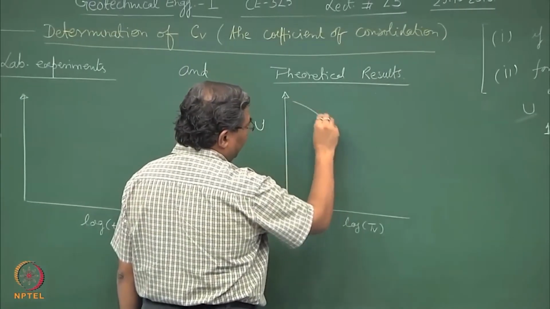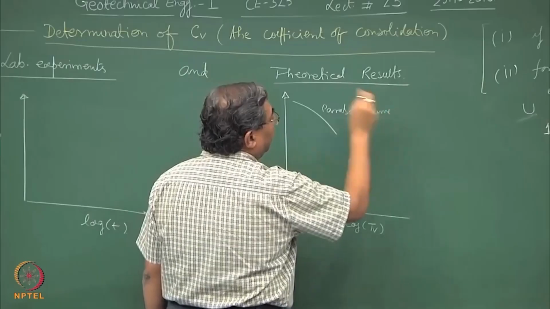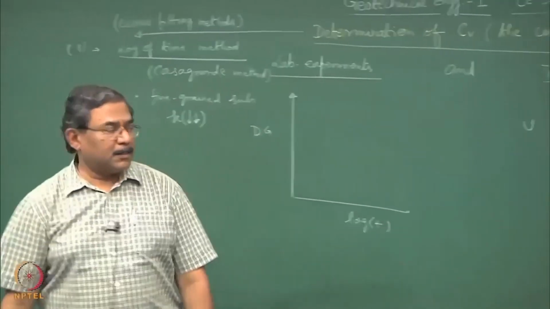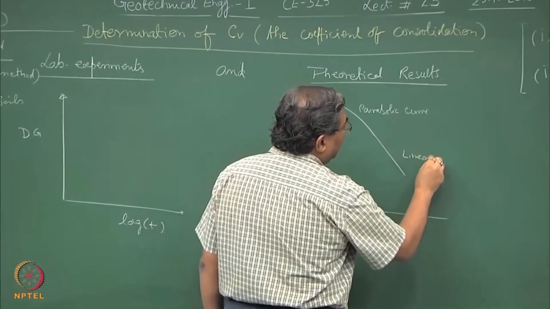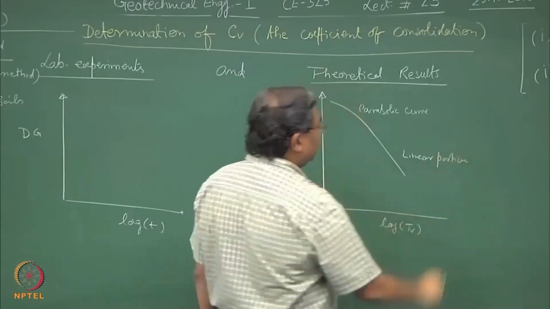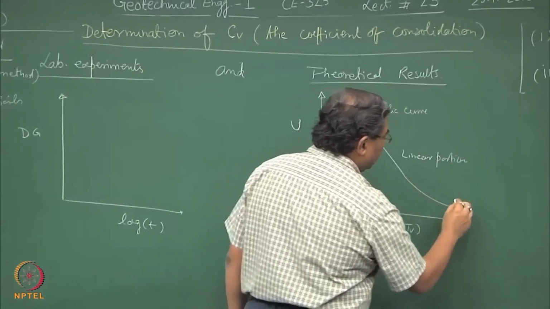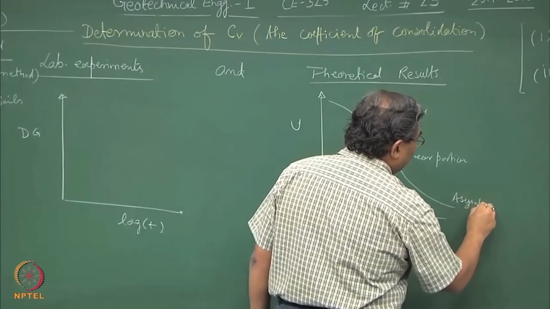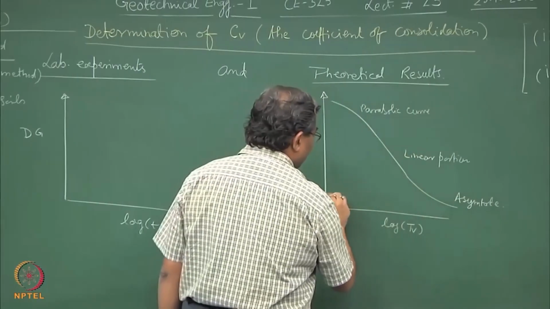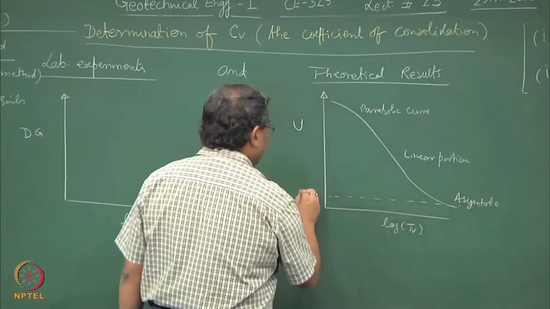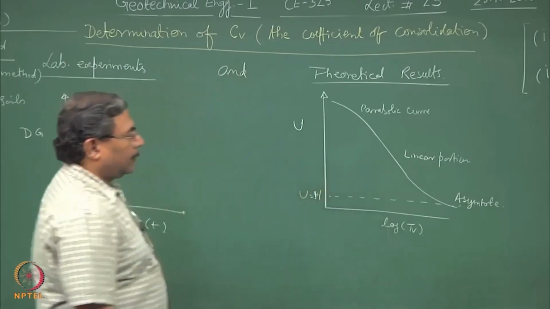The first one is a parabolic curve, this is followed by a linear portion, and ultimately it becomes asymptote. And this becomes asymptote on approximately u equal to 90%.